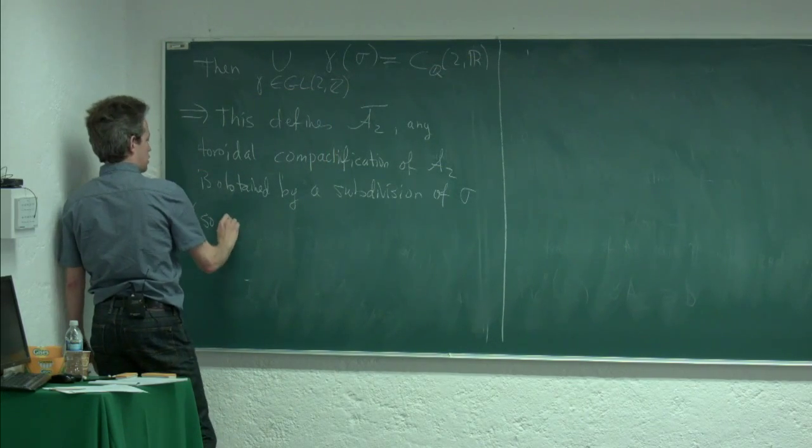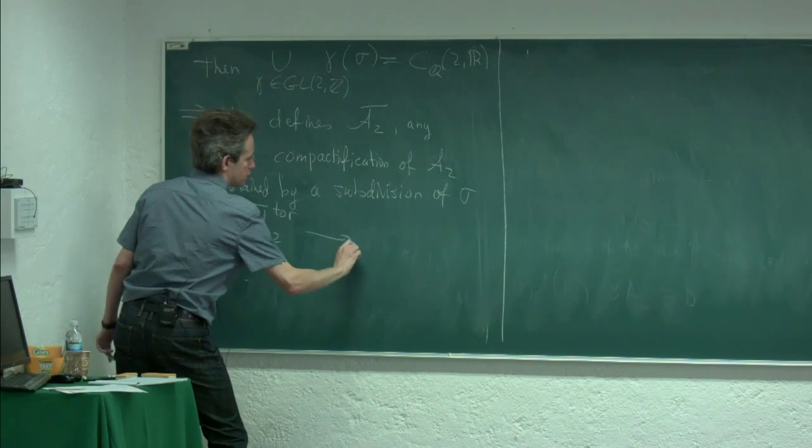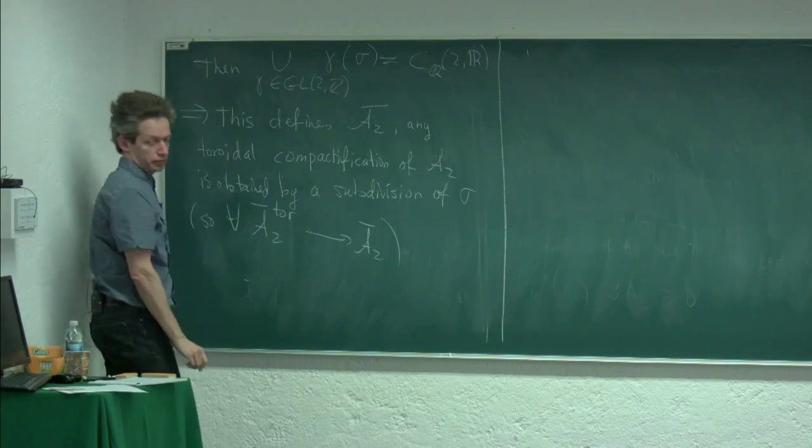So any toroidal compactification is actually a blow-up of this particular one.